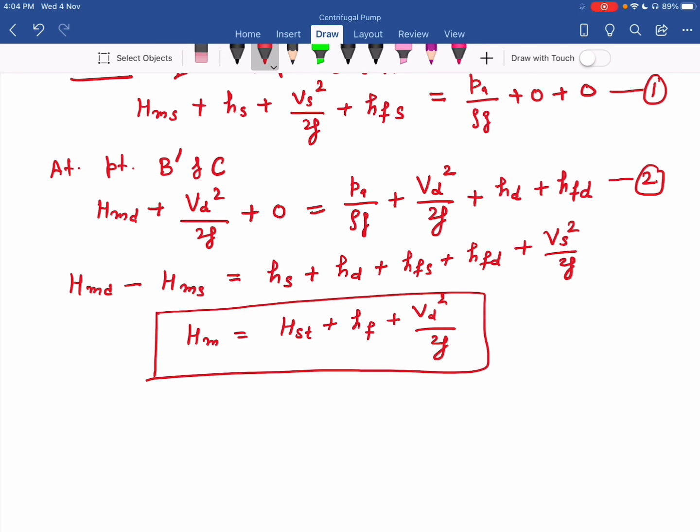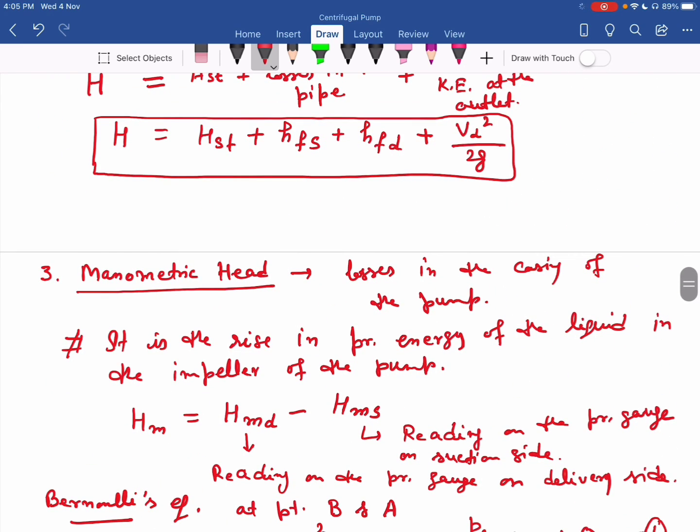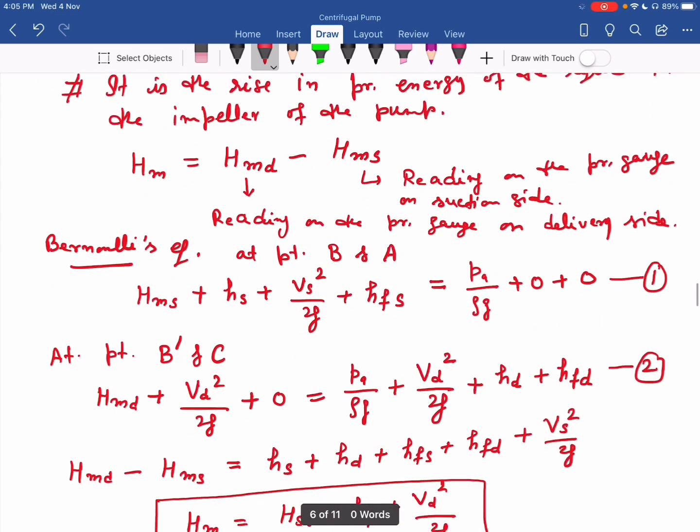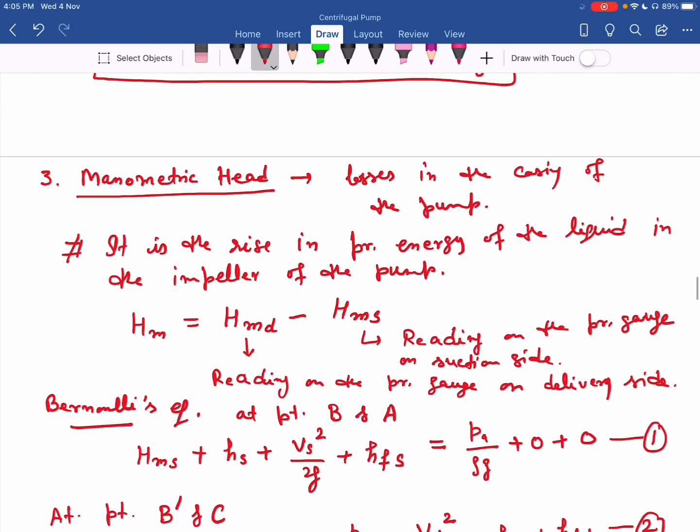Now you can see the formula for total head and the formula for manometric head. This is the formula for total head, and this is the formula for manometric head. Now you can see the difference between these two. The difference is in the velocity head.